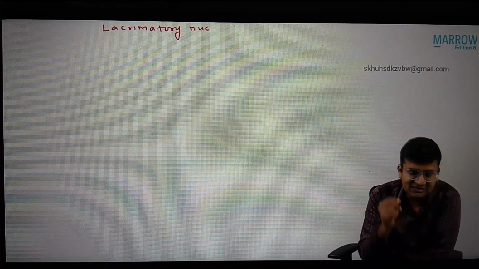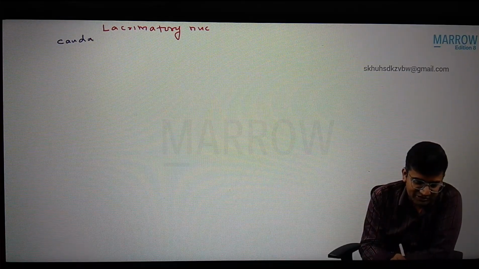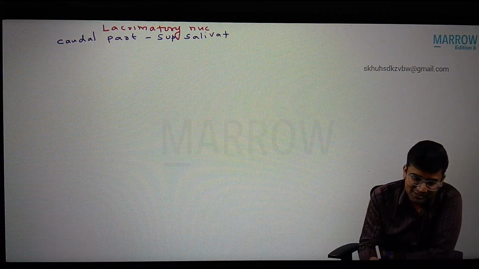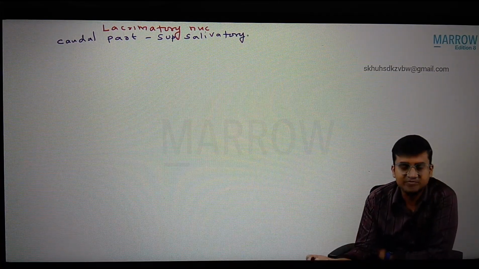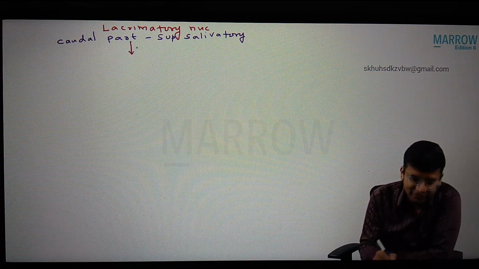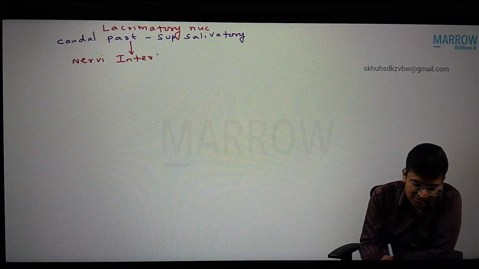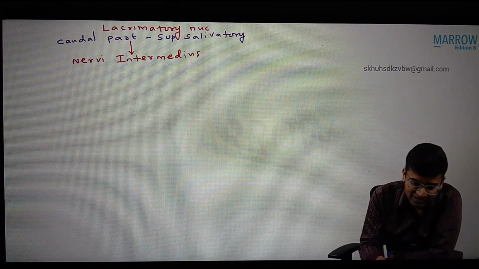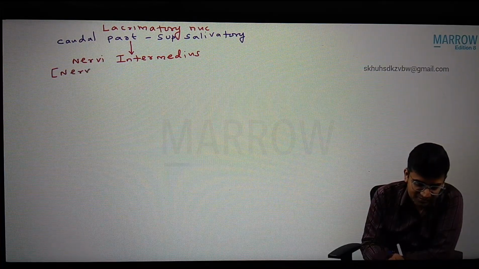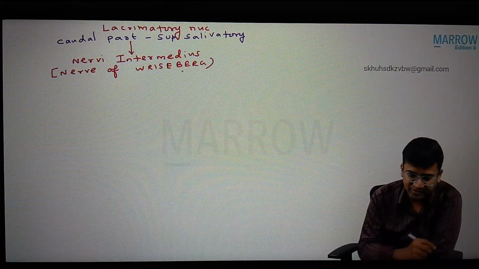The lacrimatory nucleus is nothing but the caudal part of the superior salivatory nucleus. From the lacrimatory nucleus, the fibers are given to the nervus intermedius, which is also known as the nerve of Wrisberg.